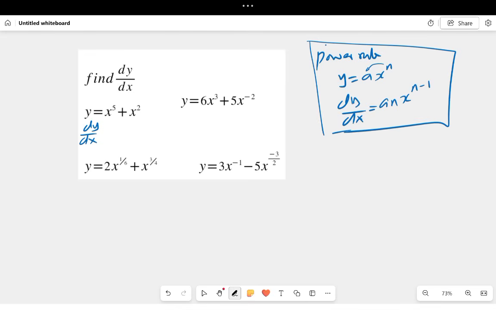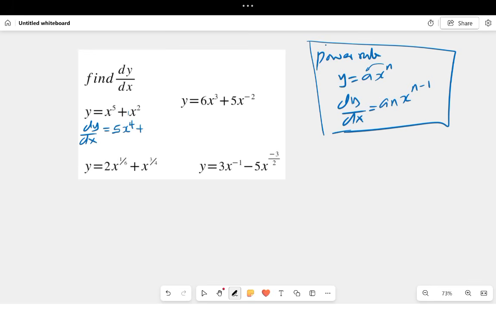Now, the first equation, the dy/dx, is therefore going to be: the coefficient of x to the power 5 is 1. So 5 times 1 is 5, x to the power 5 minus 1, which is equal to 4, plus for x squared, the coefficient is also 1.